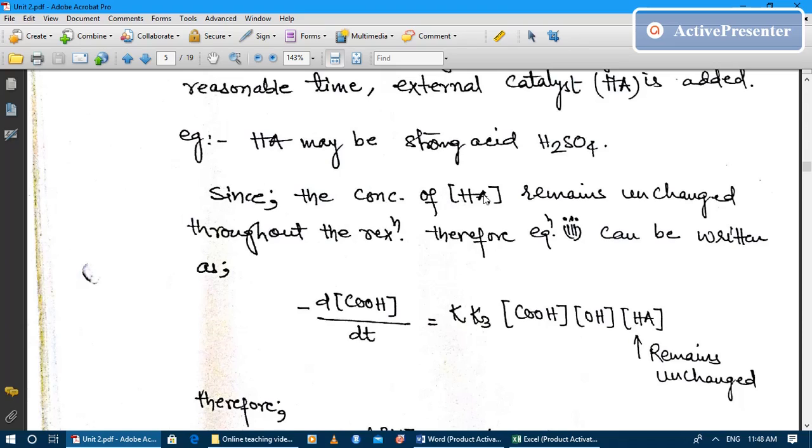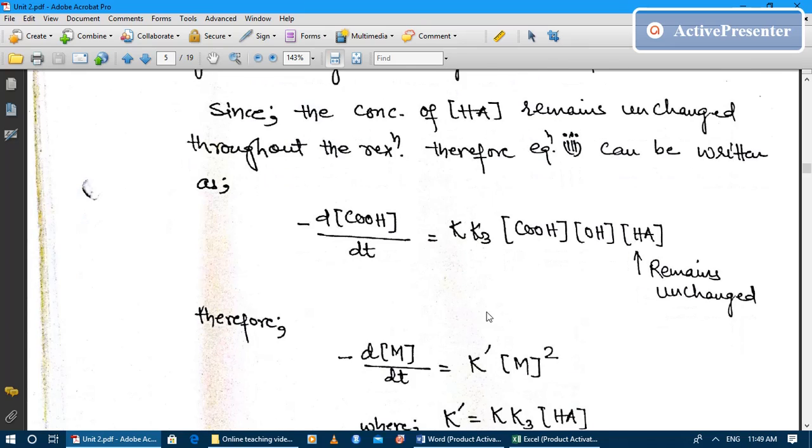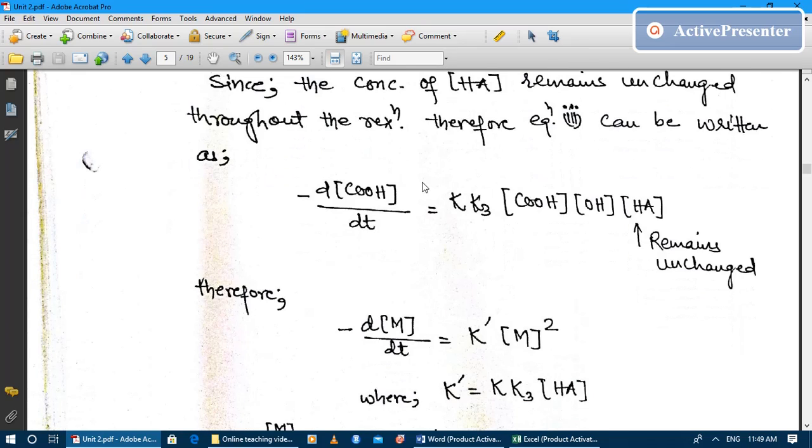Since the concentration of HA remains unchanged throughout the reaction, therefore equation 3 can be written as follows. I hope you all remember equation 3 from the previous lecture.